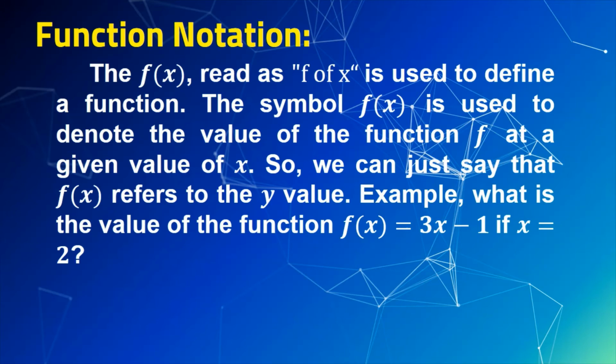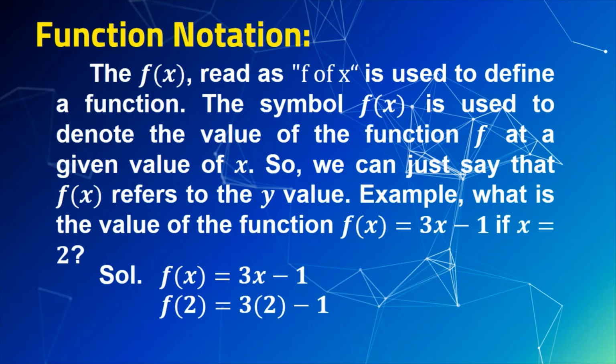Here, we substitute x with positive 2. We have the given f(x) = 3x - 1, then substitute the variable x with 2, then simplify. The value of the function at x = 2 is 5.